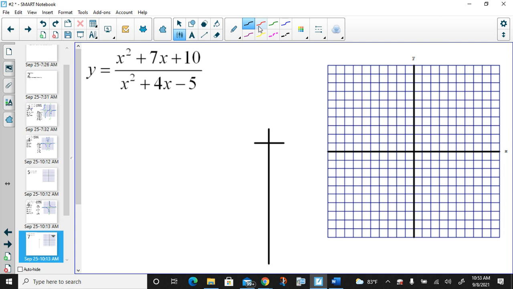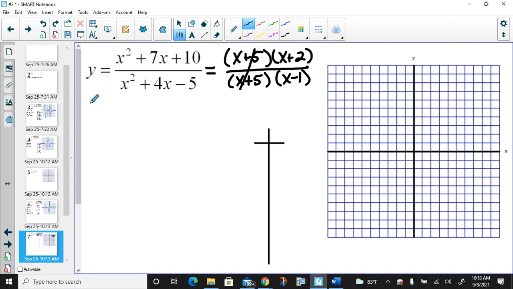So, of course, we want to factor first. Here we're going to get x plus 5 and x plus 2. Down below, we're going to get x plus 5 and x minus 1. So, of course, our x plus 5s cancel, so we're going to have a hole. And, of course, we need to remember those are no longer x-intercepts or vertical asymptotes.